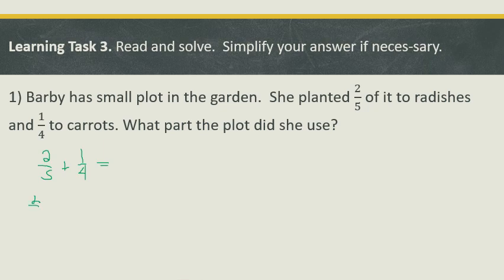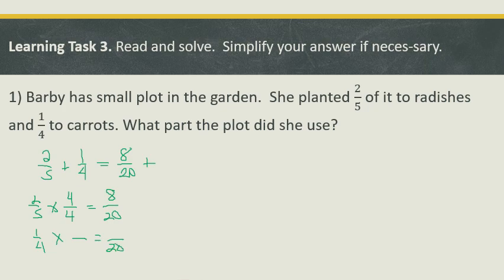So yung 2/5, ano kaya ang pwedeng i-multiply para maging 20 yung denominator? So ito po ay 4. So ang 2 times 4 is 8. So kaya ang 2/5 ay magiging 8/20. Plus, so yung 1/4 naman, ano kaya ang pwedeng i-multiply para maging 20 ang denominator?